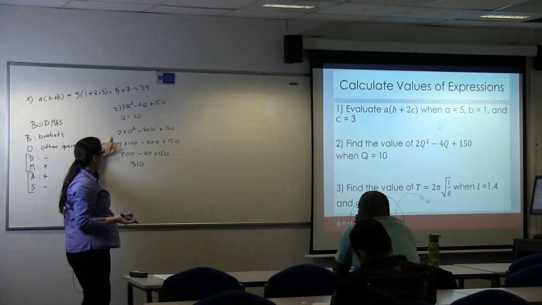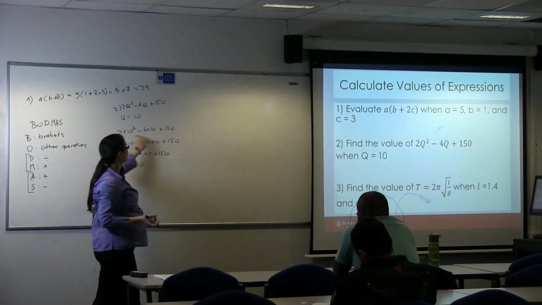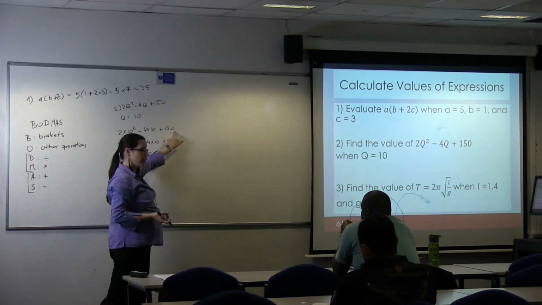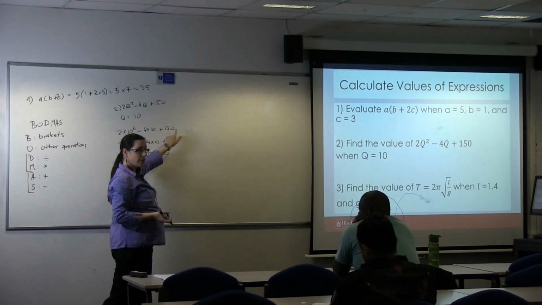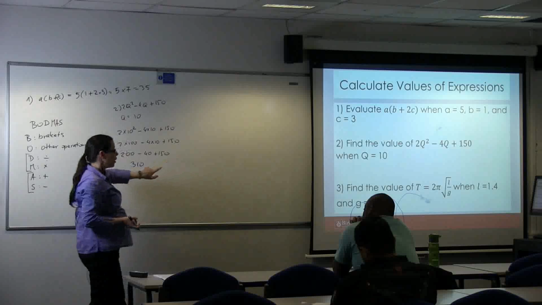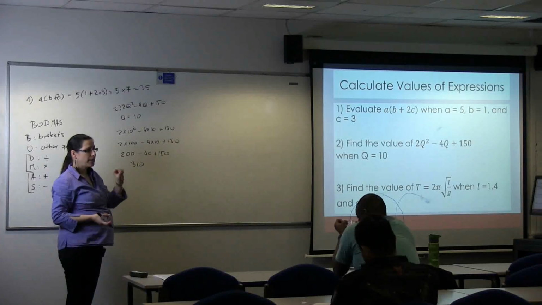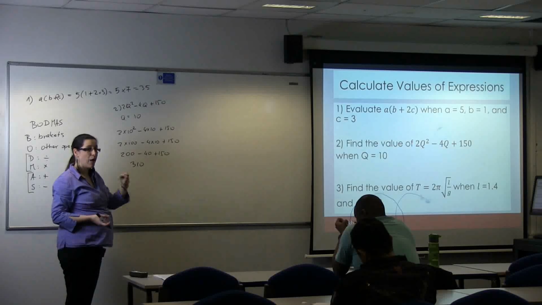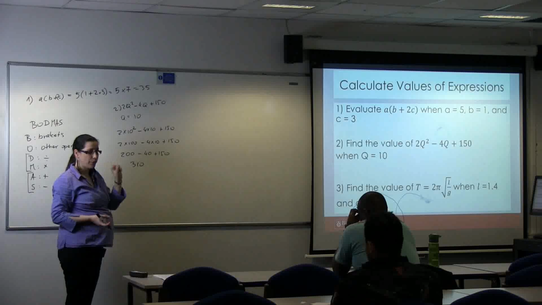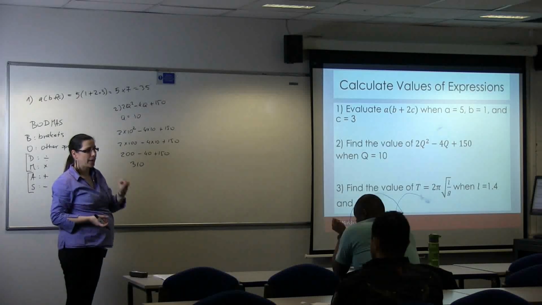Okay? Now again, if you have got the scientific calculator, that is a very good aid, because you can just type this expression into the scientific calculator straight away, and the scientific calculator follows BODMAS rules. With an ordinary calculator, you would have to tell it the order of operations, because the ordinary calculator carries out calculation in a linear fashion. So whatever you tell the calculator first, it will do that calculation first.